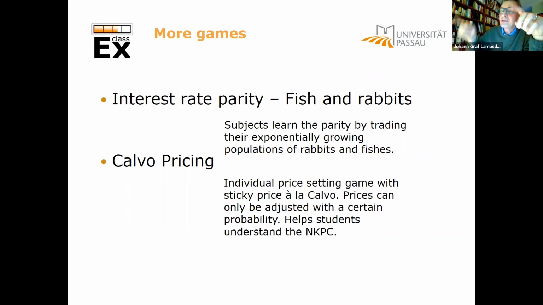But the truth is the opposite is the case. The faster growing rabbits obtain a high advantage in the beginning, and this high price that they get must go down across the rounds. But this is a logic which is the interest rate parity.